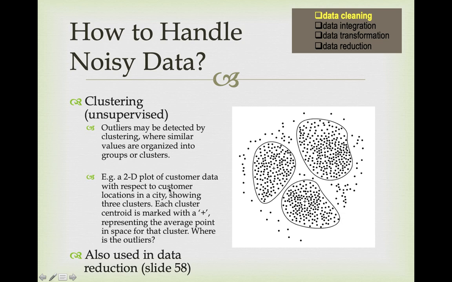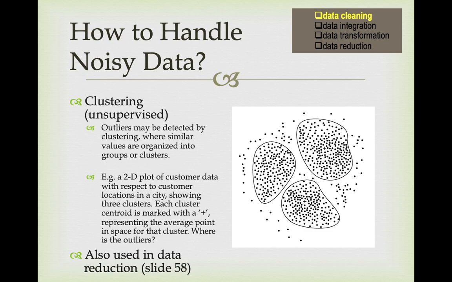How to handle noisy data? We can use clustering, which is an unsupervised method. Outliers may be detected by clustering, where similar values are organized into groups or clusters. For example, a 2D plot of customer data with respect to customer locations in a city, showing three clusters.